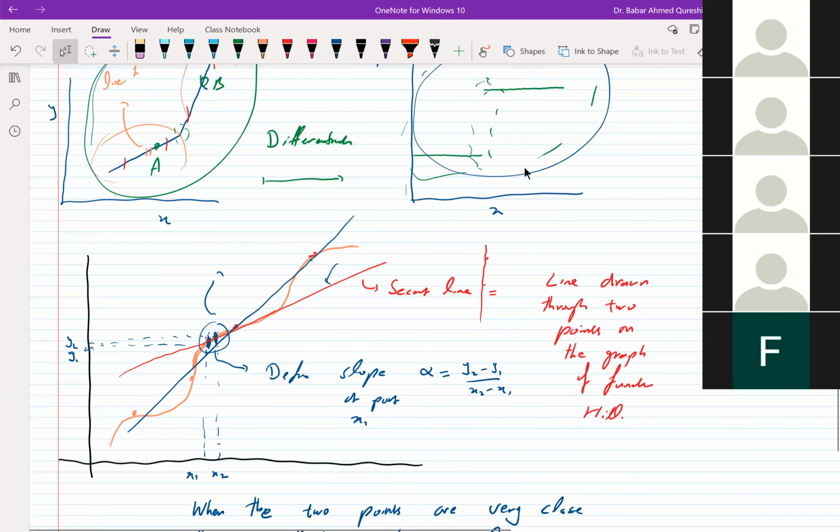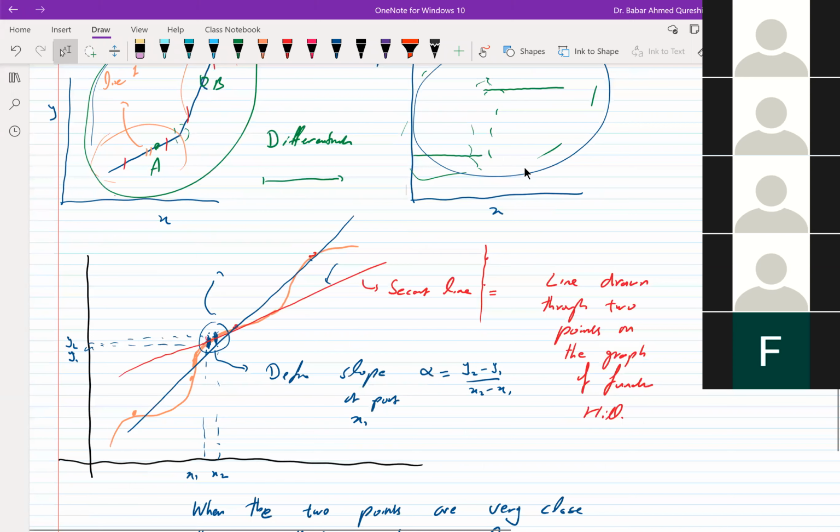Because let me give you an example. If I take your definition of a tangent, what is the tangent over here at this point? You would say it's this. It doesn't touch this graph at one point, it touches it at 2. But still you call it tangent. Why do you call it tangent?